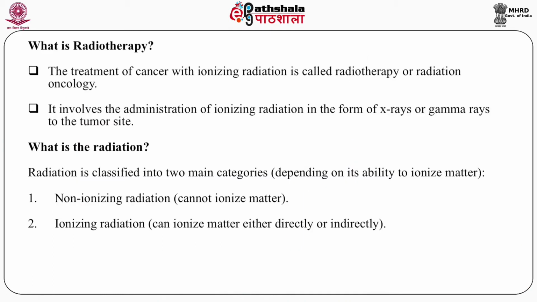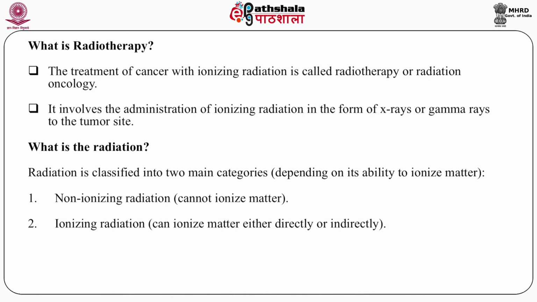What is radiotherapy? Now the question comes: how are patients treated in radiotherapy? The treatment of cancer with ionizing radiation is called radiotherapy or radiation oncology. It involves the administration of ionizing radiation in the form of X-rays or gamma rays to the tumor site.